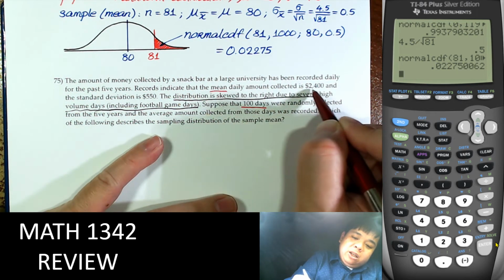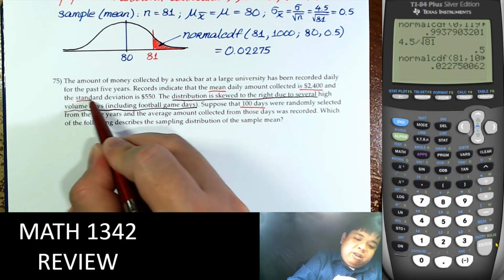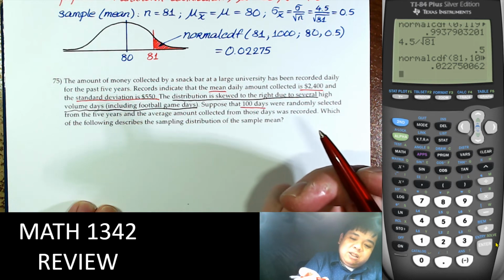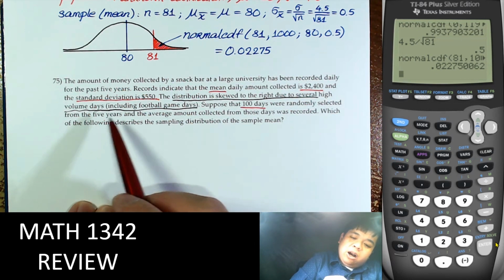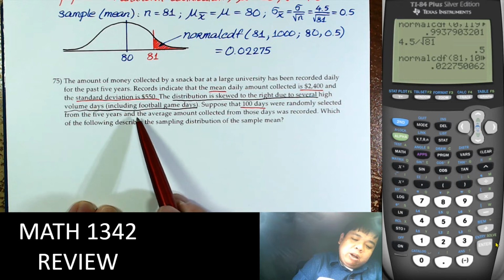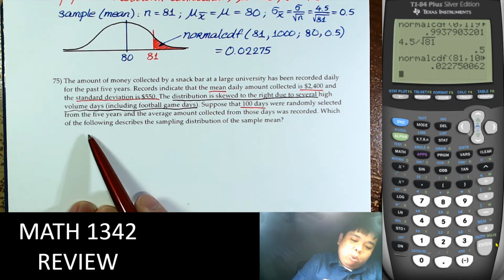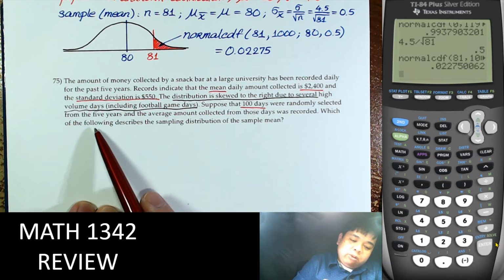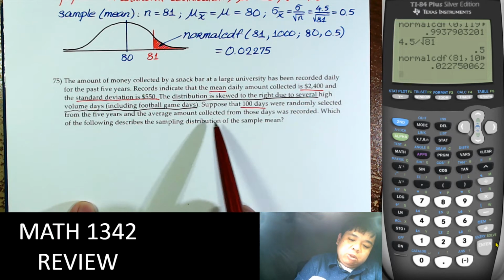So the mean of that and standard deviation of that. And then the question is, suppose 100 days were randomly selected and the average was calculated, which of the following describes the sampling distribution of the sample mean?